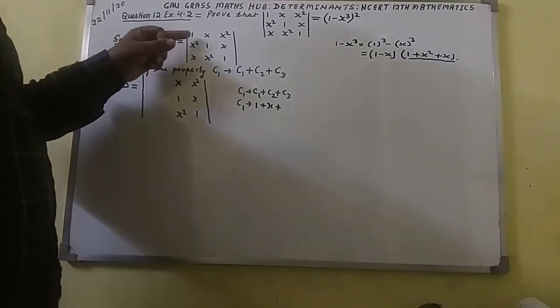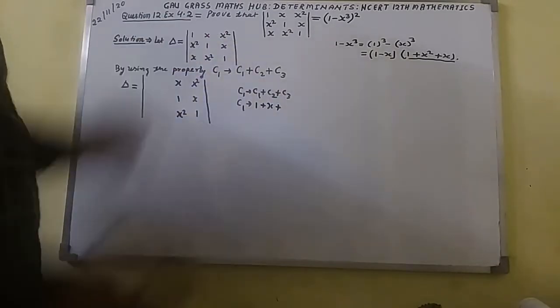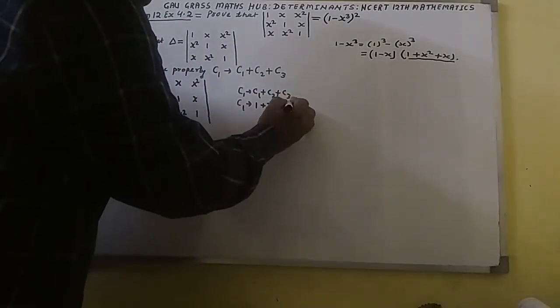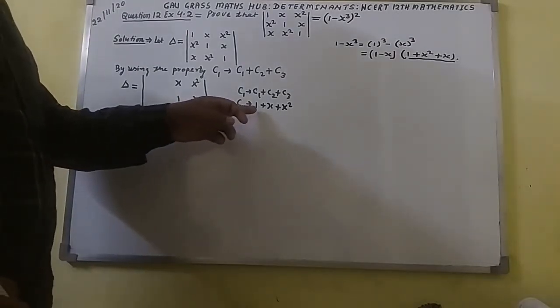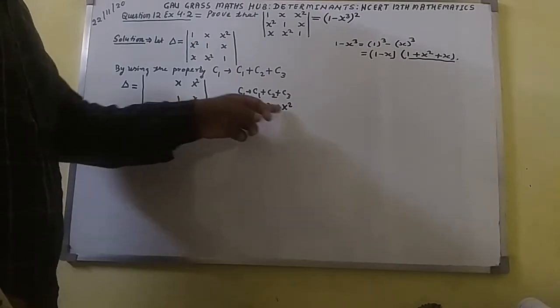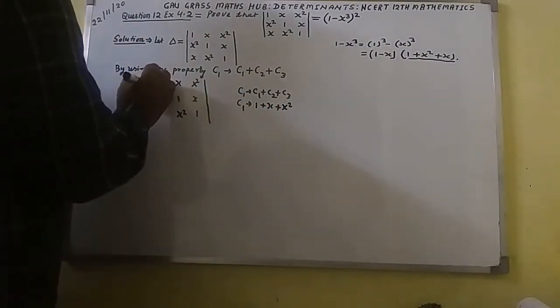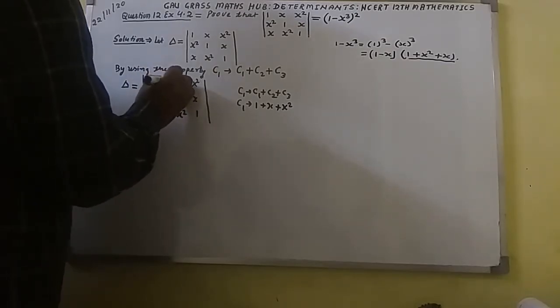The corresponding element of 1 in the third column is x square. So here write x square. In place of 1 I shall write 1 plus x plus x square.